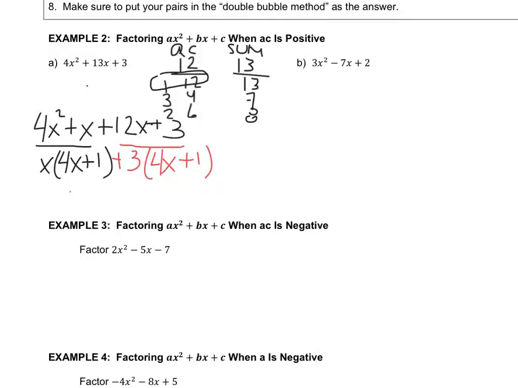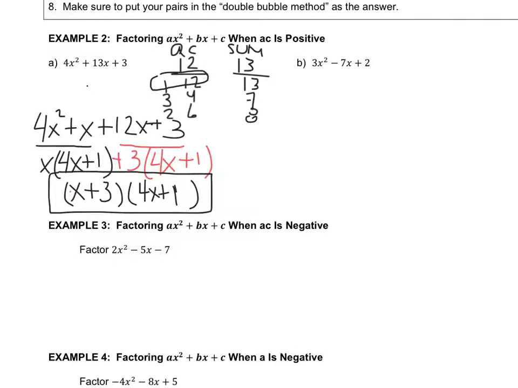So to finalize this, we can make our double bubble. 4x plus 1 is one of our binomials, and the other binomial comes from these first two terms sitting right here, the x in front of the 4x plus 1 and the 3 in front of the 4x plus 1, and they actually become the other binomial. So they go together to become x plus 3. So this would be our final factored pair of the two binomials being multiplied together.